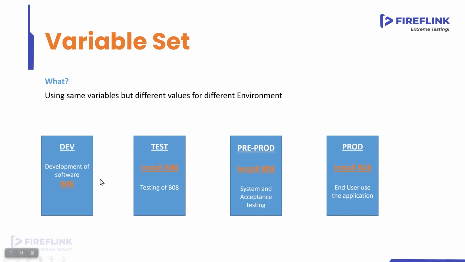So these are the different servers we have: starting from development server, testing server, then pre-prod, then prod. The same application is traveling between multiple environments. In order to test the application and for the end users to use the application, different environments or different servers are involved, right?